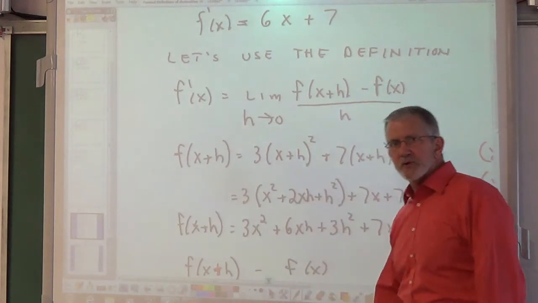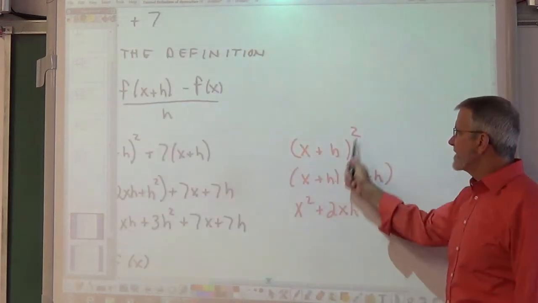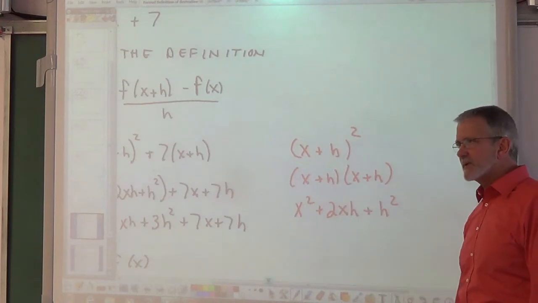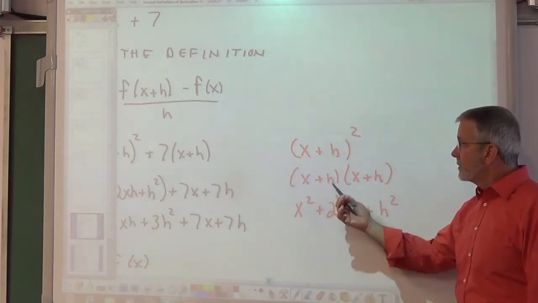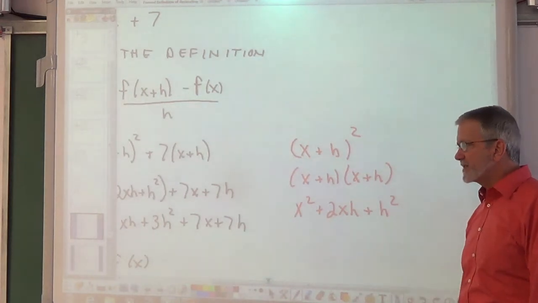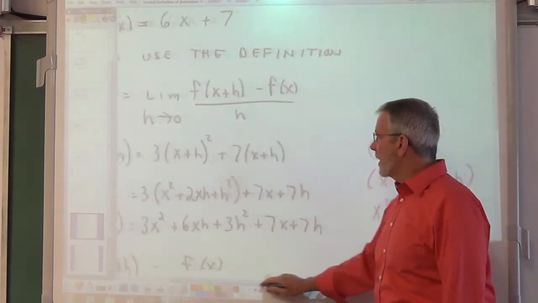This (x plus h) squared, recall from our Algebra 2 days, is certainly the quantity x plus h times the x plus h, which by the distributive property is x squared plus 2xh plus h squared. That is what (x plus h) squared is.